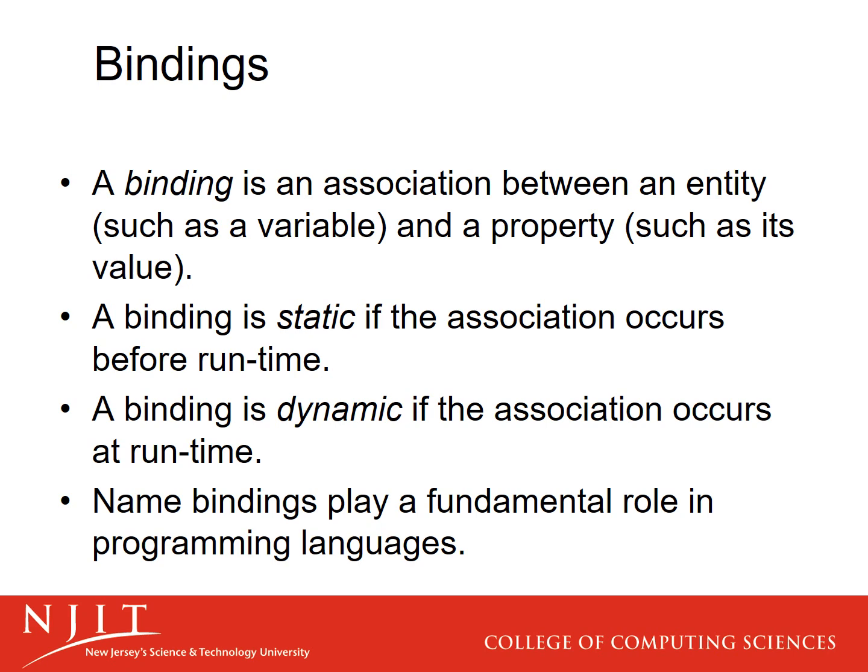When you say x equals 3 in Python, not only are you binding the value to that variable, you're binding the type. The type is bound at runtime, dynamically, not at compile time, statically. Name bindings are very important. They really have a fundamental role in the languages, and sometimes the differences in languages are manifested around when certain kinds of bindings happen in certain languages.